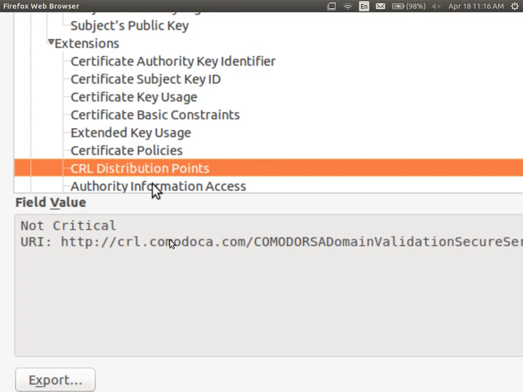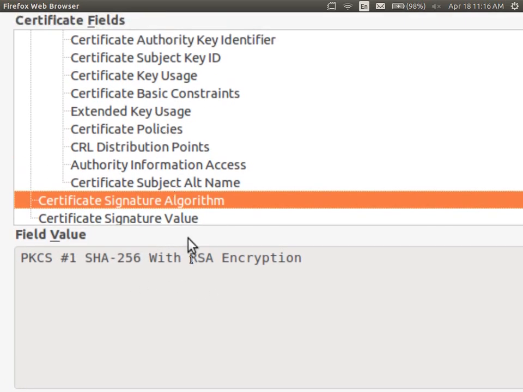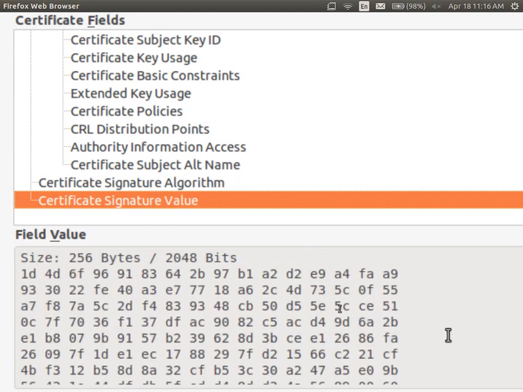So there are methods for checking whether the certificate is revoked or not, certificate revocation lists. But that's extra information. The last thing, again, the signature is the hash of all the other fields encrypted using an RSA key. The signature is given here.